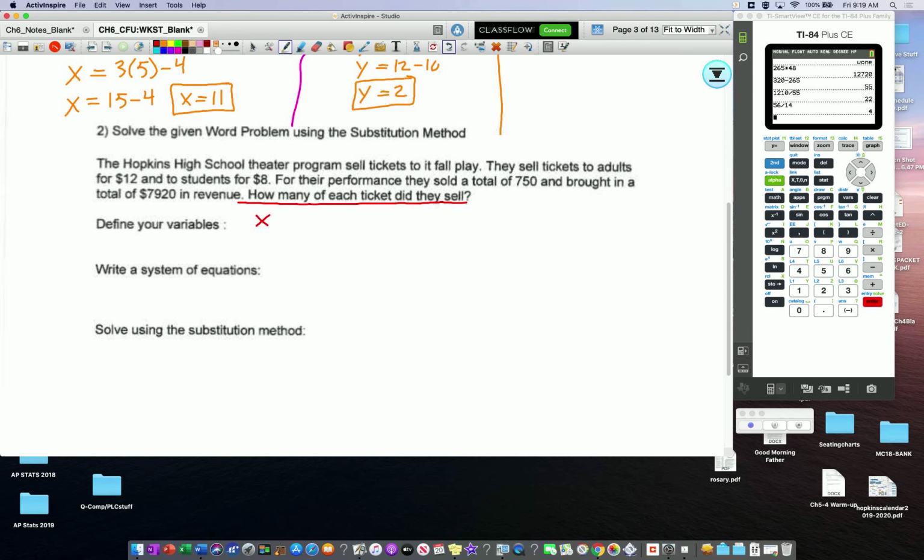Well, what type of tickets did we sell? Well, we sold adult tickets and student tickets. So x is going to be the number of adult tickets sold, while y is going to be the number of student tickets sold.